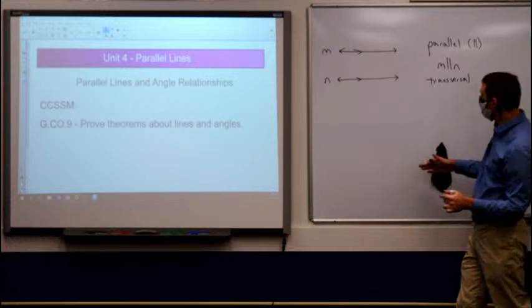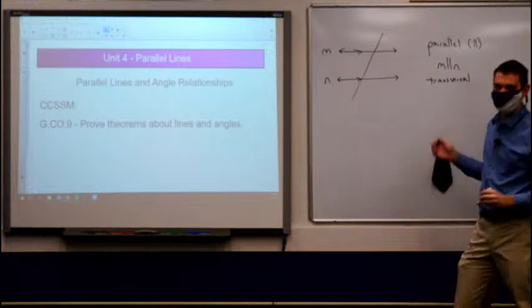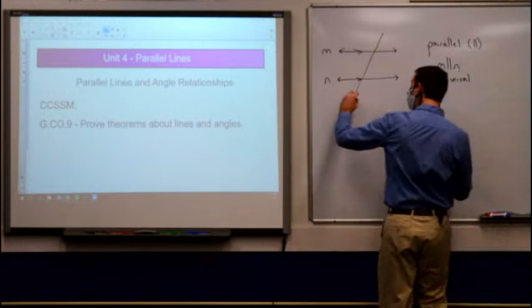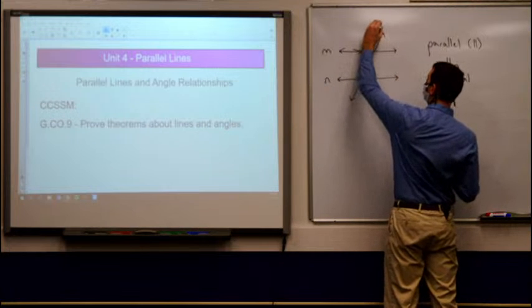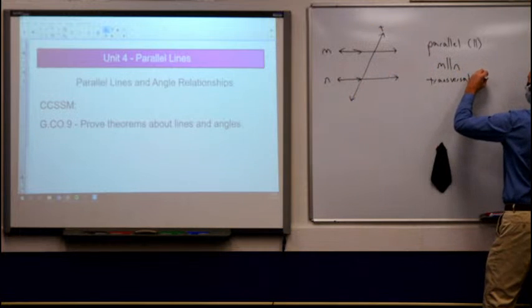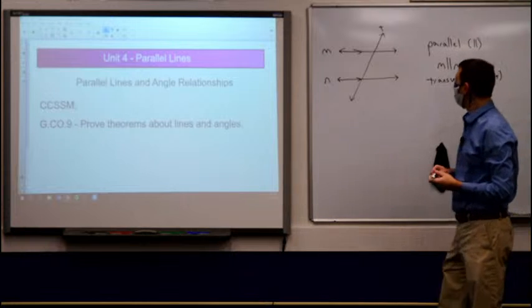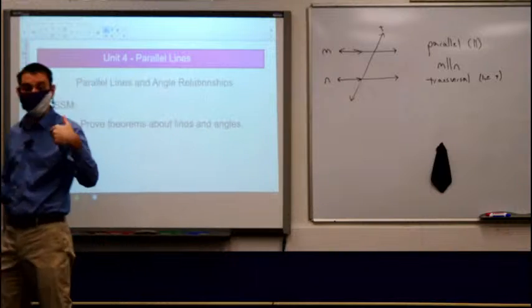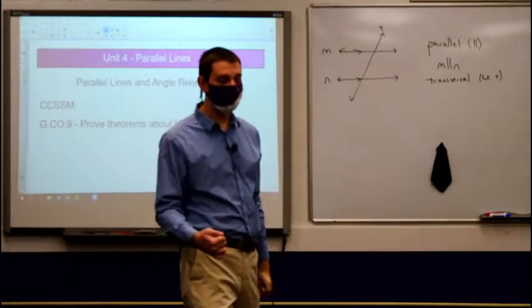A line that cuts through a pair of parallel lines. So, shoo, slices through it. So this line, let's call it T for transversal. So in this diagram, it's line T. Is that line that slices through the parallel lines. That's called a transversal.